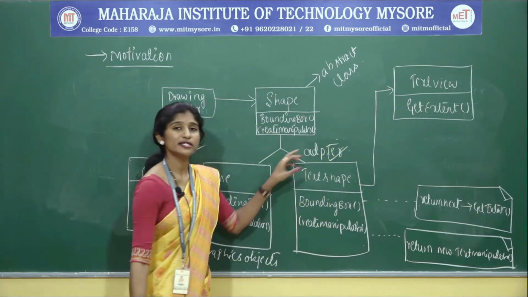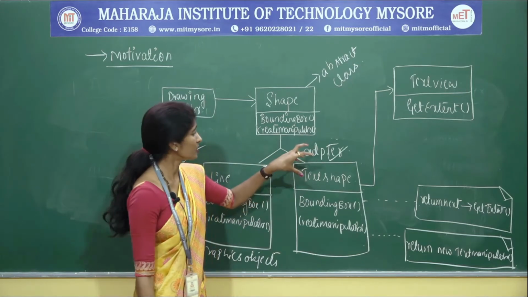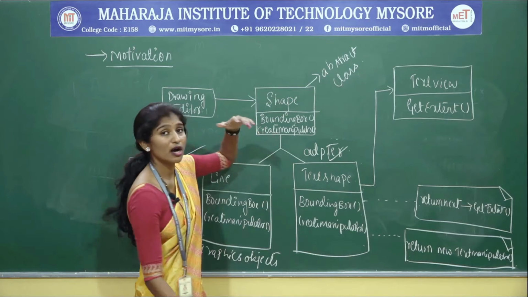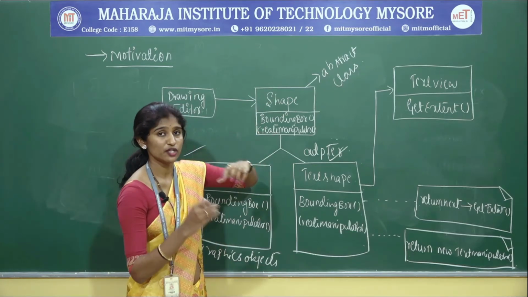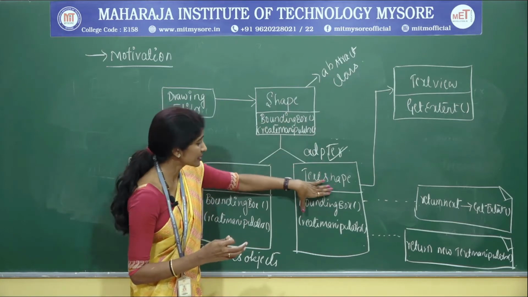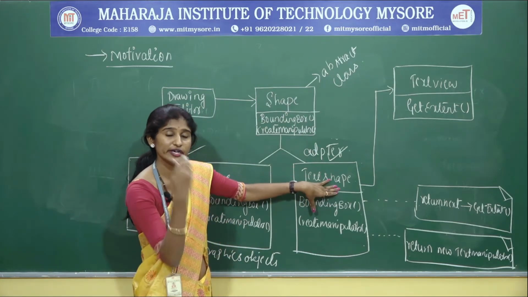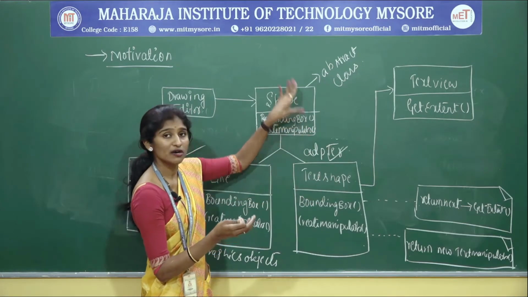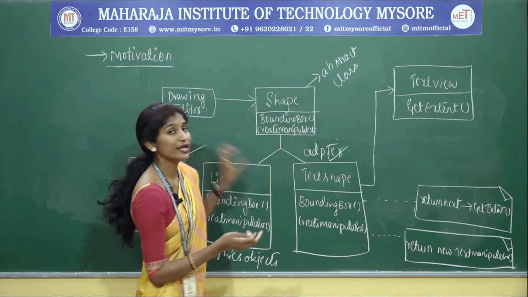This is a complex topic. Why? Because I cannot easily change or merge the shape class into a text shape, because text shape is a different class which will be in a toolkit itself, and this shape is a class with respect to the drawing editor.